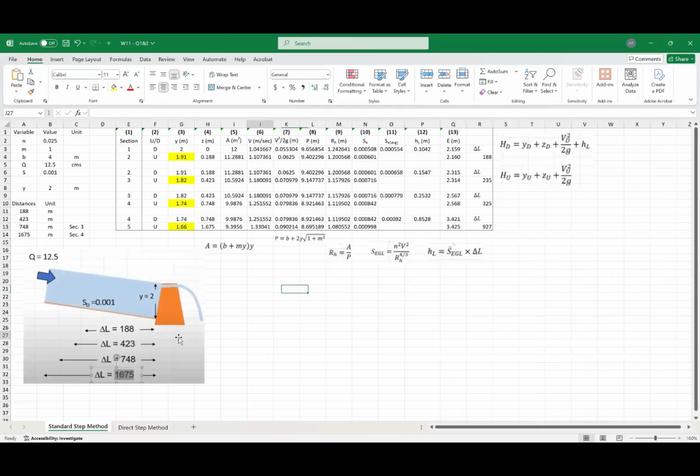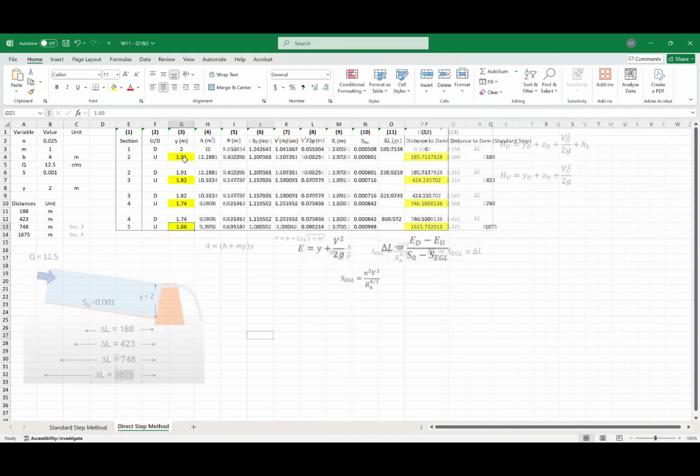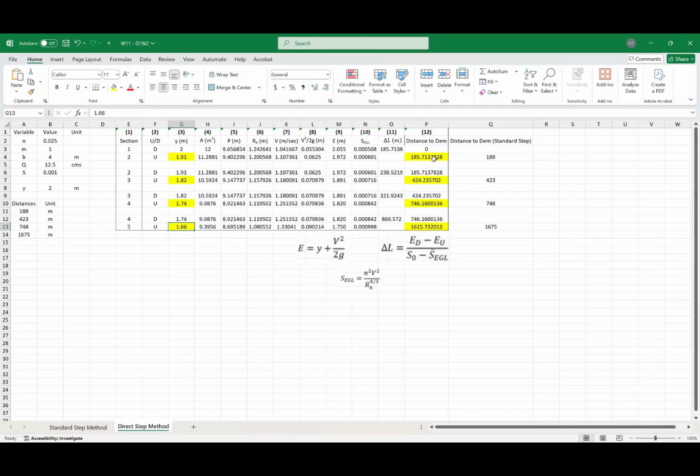If you remember, we had these distances like 188, 423, 748, and 1,675. Based on these distances, we were able to find water depths. And this time we have water depths, and we are going to find distance to them.